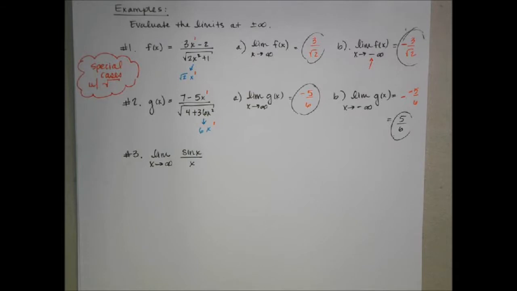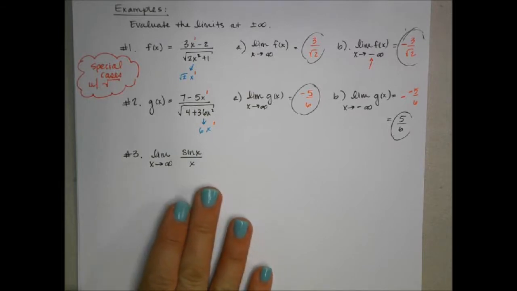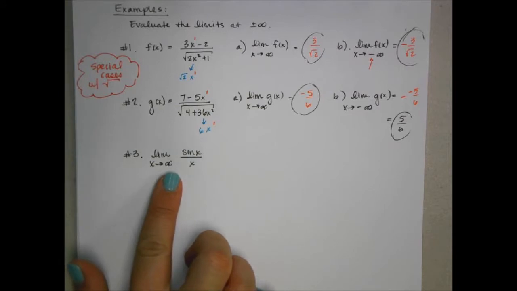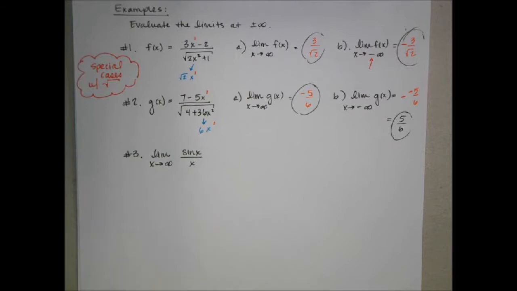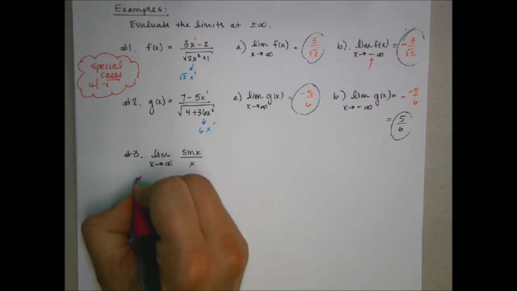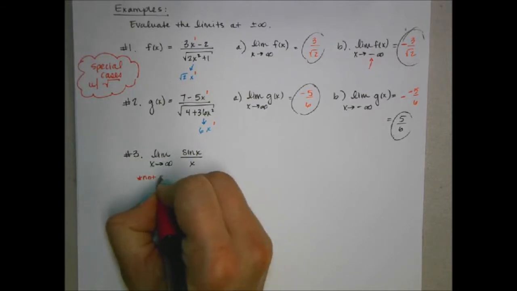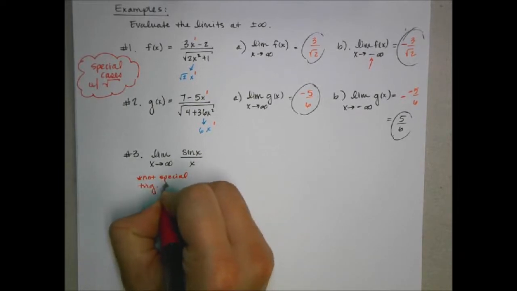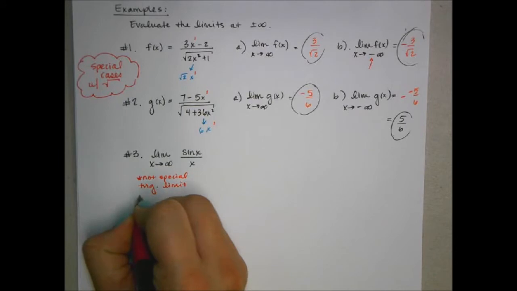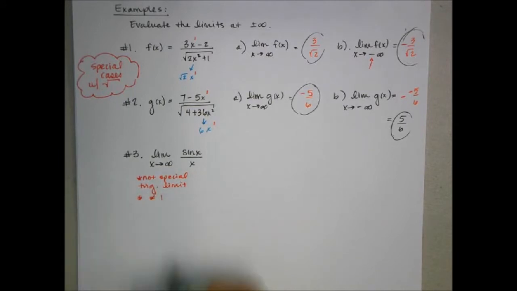Now, this may look like our special trig limit, but it is not, and that's because we're approaching infinity, not 0. So its value is not necessarily going to be 1, and I'll tell you it is not 1.